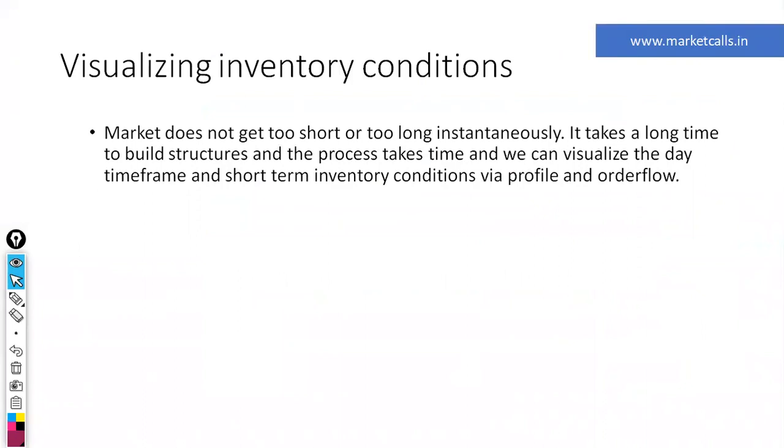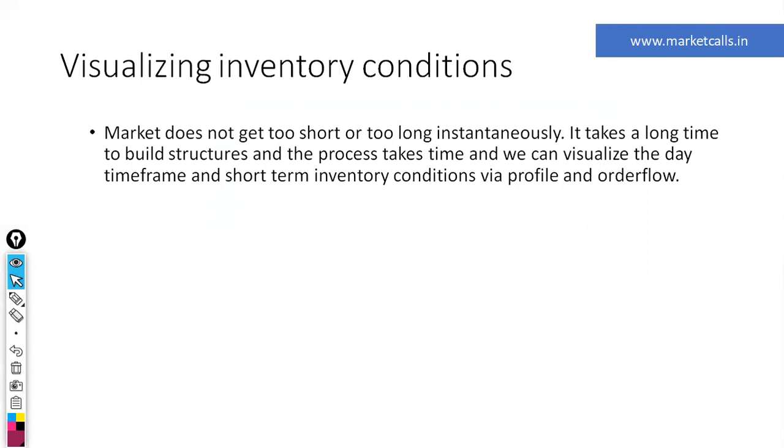Now, how do we visualize inventory conditions? The market will not suddenly get too long or too short instantaneously. It takes a long time to build structures, and the process takes time.